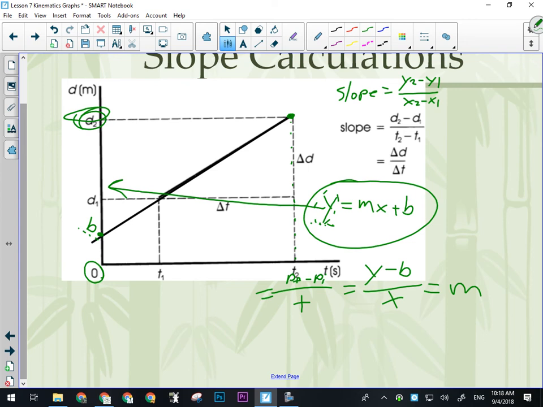Okay, this formula as a whole, yes, calculates velocity. What is final position minus initial position? Displacement. So really, this line and the slope of it represent the velocity of the object.